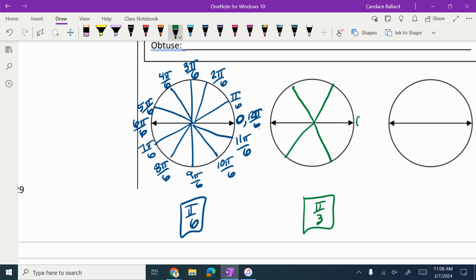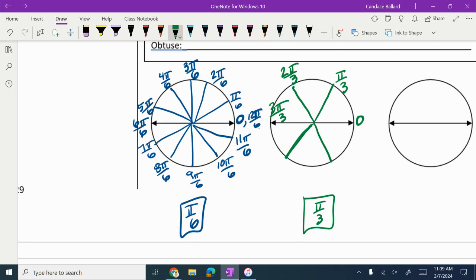Start with 0. My first wedge ends at 1 pi over 3. What's my next wedge then? 2 pi over 3. What's my next wedge? 3 pi over 3. Good.